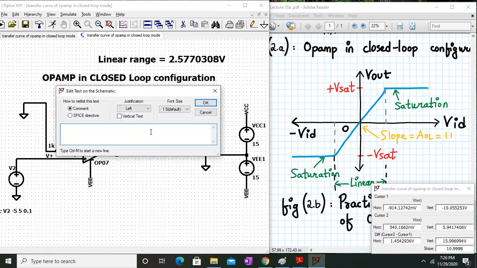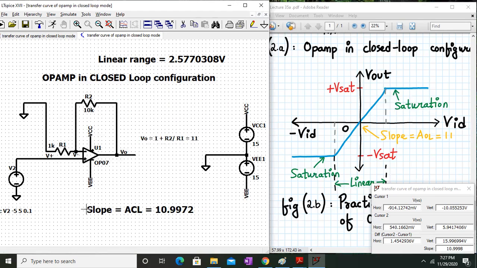Okay, so let us write this out also. So my comment text. So here I am writing the slope, which is your closed loop gain ACL, which is given by 10.9972. Okay, that's the number which we are getting over here. We are expected to get 11, but we are getting very nearby 11.